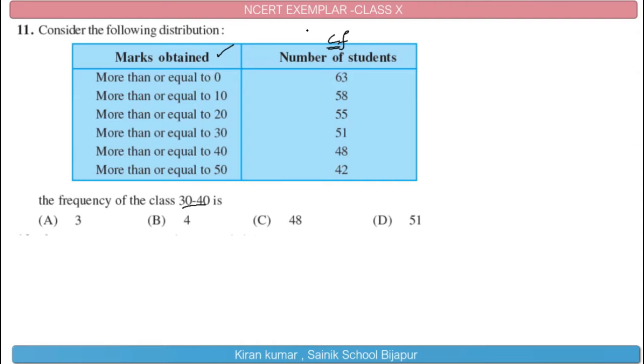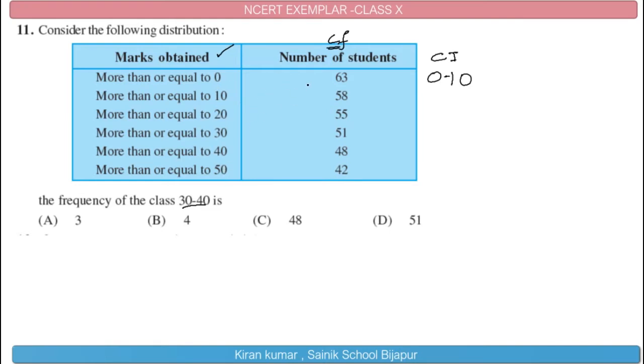They are not given as a class interval. We shall make the class interval 0 to 10. More than or equal to 0 refers to the total, and more than or equal to 50 means it is till 60.